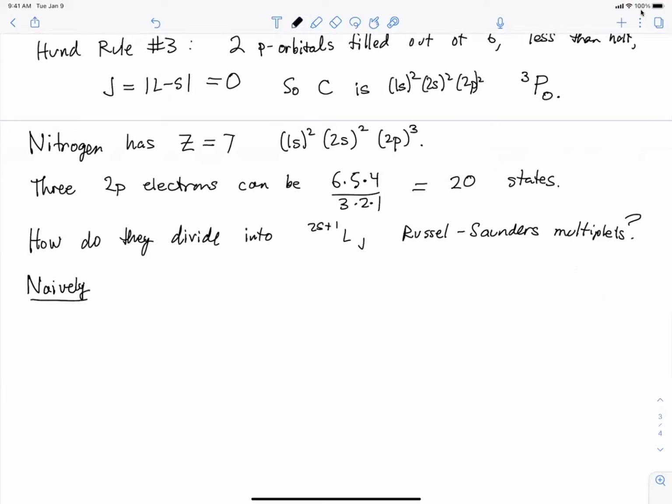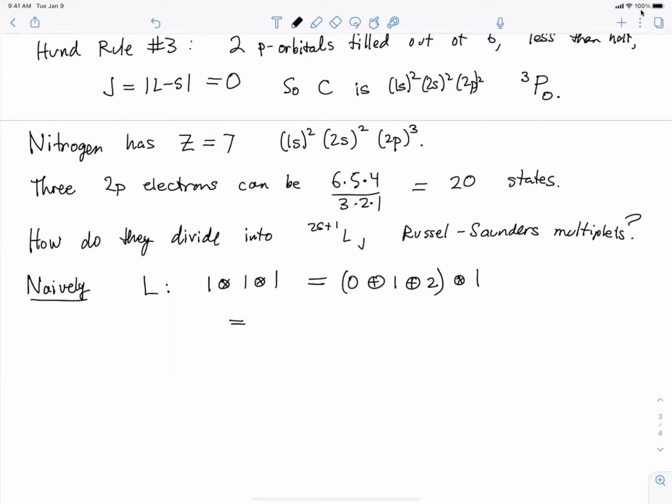So for L, we're combining 1, because these are P states, 1 tensor product 1. And we do that in pairs. So for the first 1 tensor product 1, that gives 0 or 1 or 2. We write like that. And then we're tensor producting that with 1.